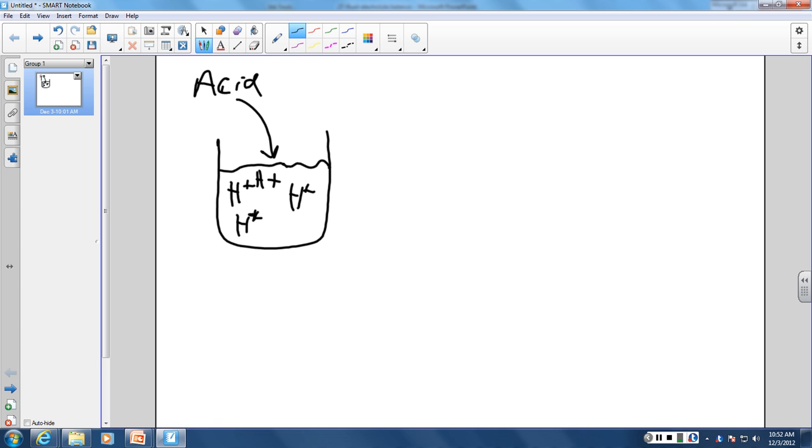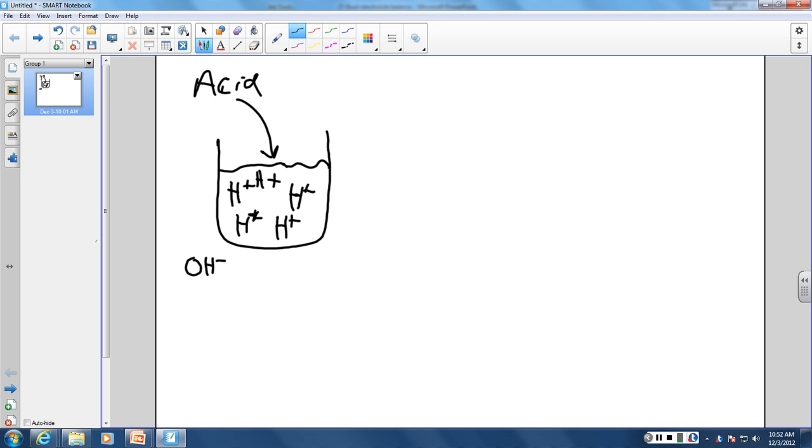Hydrochloric acid. If you were to drink hydrochloric acid, you probably wouldn't be around very long, because what it's doing is releasing these into your bloodstream. Okay? So what we should have is a fairly equal number of hydrogen ions and hydroxide ions, and then the pH is going to be 7.0.